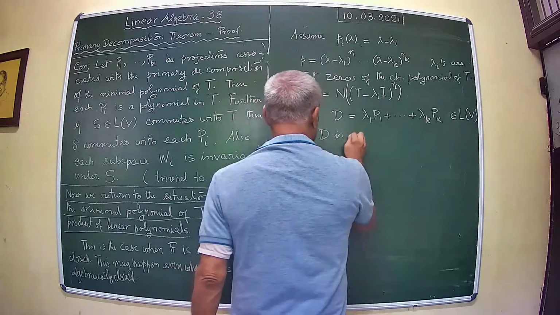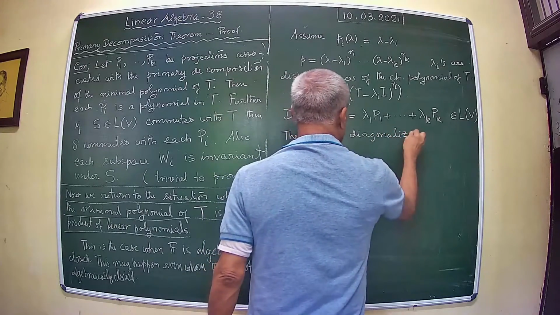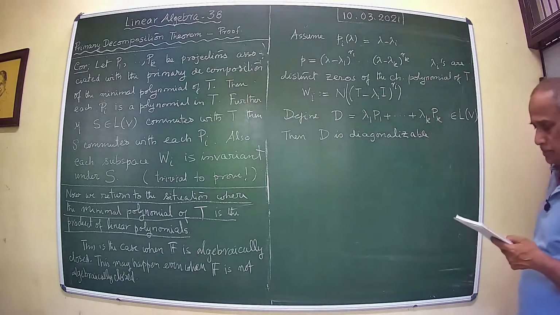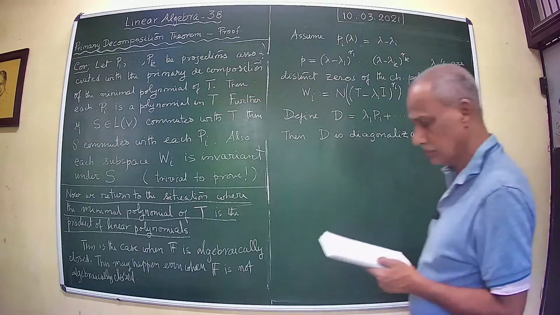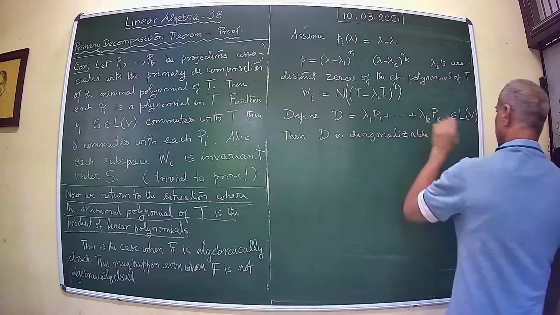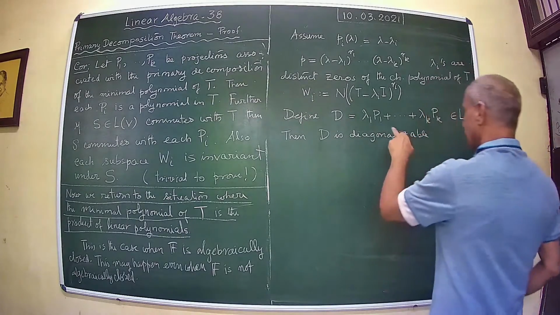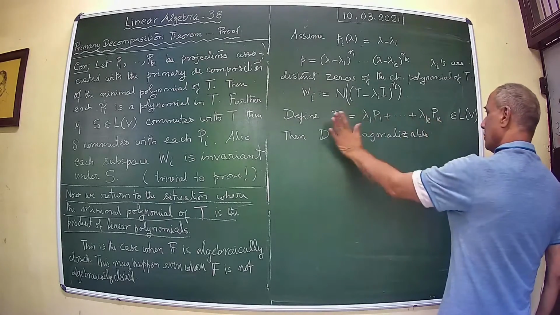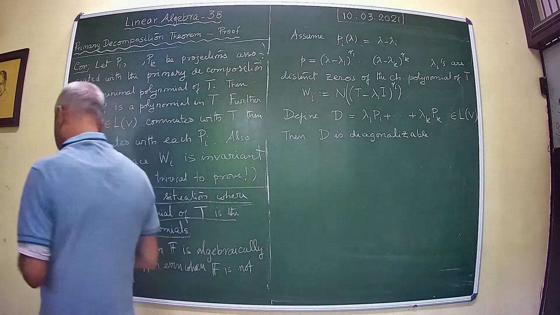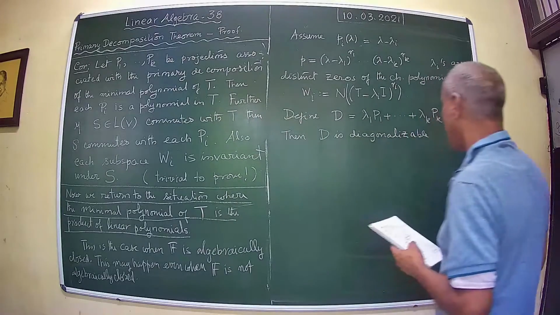D fixed diagonals. Because in the case of D, you can easily see that the eigenvalues are all lambda 1, lambda 2, etc. And you would have the null space of P1, P2, P3 making up the whole space.